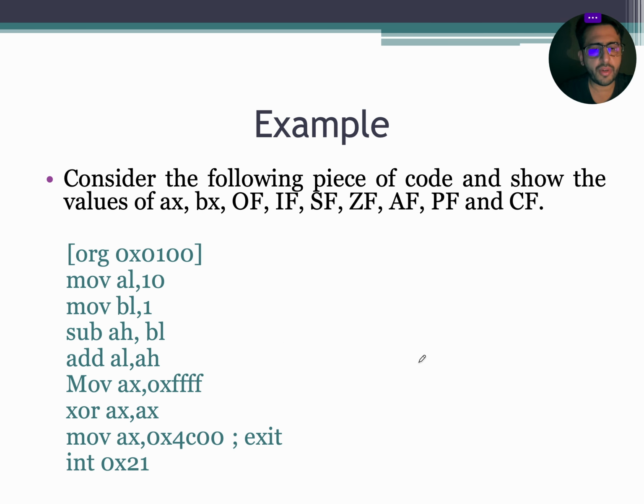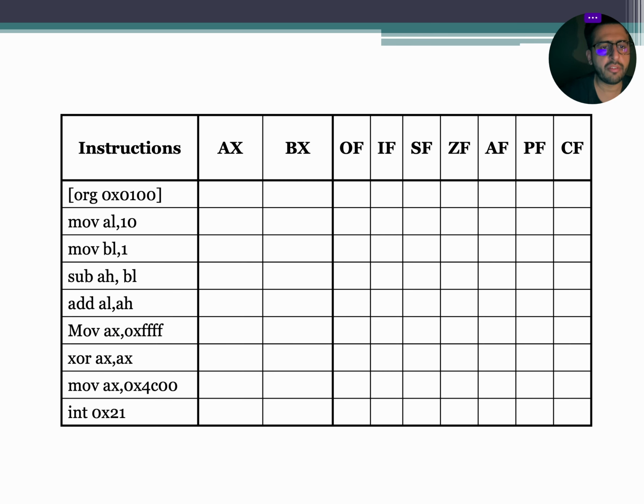In order to test our understanding of all flags, let's dry run this program. Do remember, for a dry run, we ignore initial and termination instructions. For the first instruction, that is MOV AL, 10, the value of AX will become 000A, and BX will remain 0.